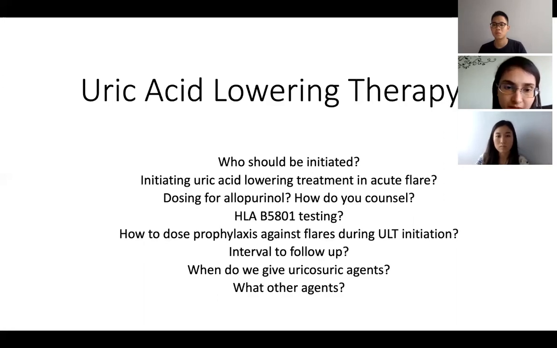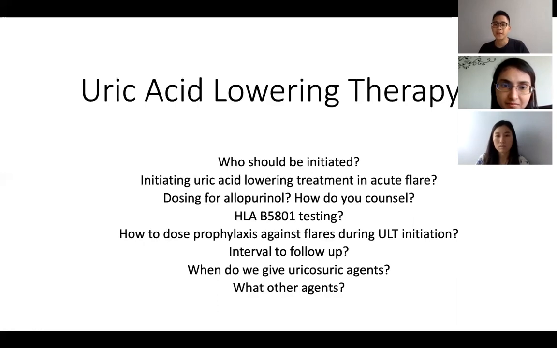If the eGFR falls between 46 to 60, we tend to give it 3 times a week. If the eGFR is between 30 to 45, we do it 2 times a week. And we tend to avoid colchicine altogether if the eGFR or creatinine clearance is less than 30. And in those patients, we then opt for low dose prednisolone 5 milligrams once a day.